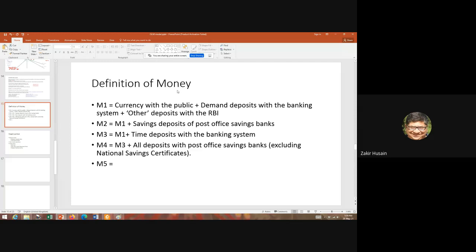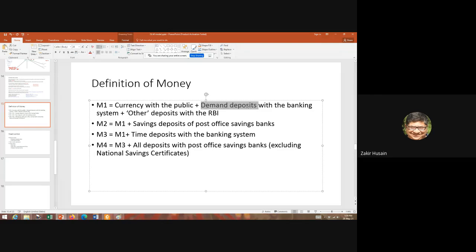Now, the Central Bank of India defines money in the following ways. We have M1. M1 is, as you know, the currency with the public, plus the demand deposits with the banking system.